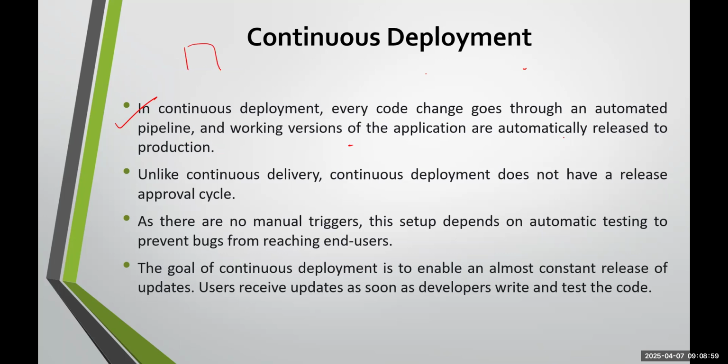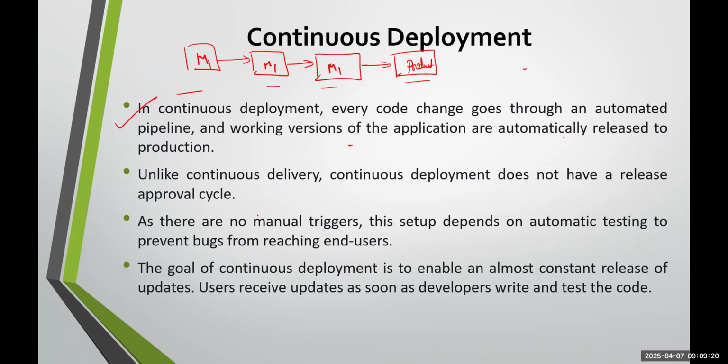So let's say module 1 started, module 1 built, module 1 tested, module 1 completed its delivery process, meaning it is ready to release, then it goes automatically to the production environment. So we have to set all these tasks. Again, it's the concept of pipeline. Then only that deployment is possible.